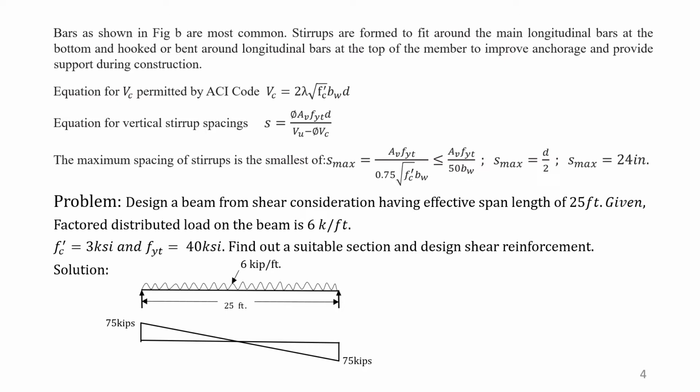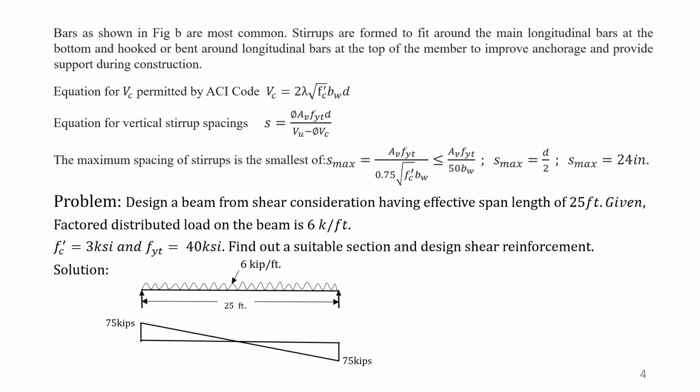Before the example, we are to take care of how much shear can be taken by the concrete itself, and that is given on page 4, the first equation permitted by the ACI code.